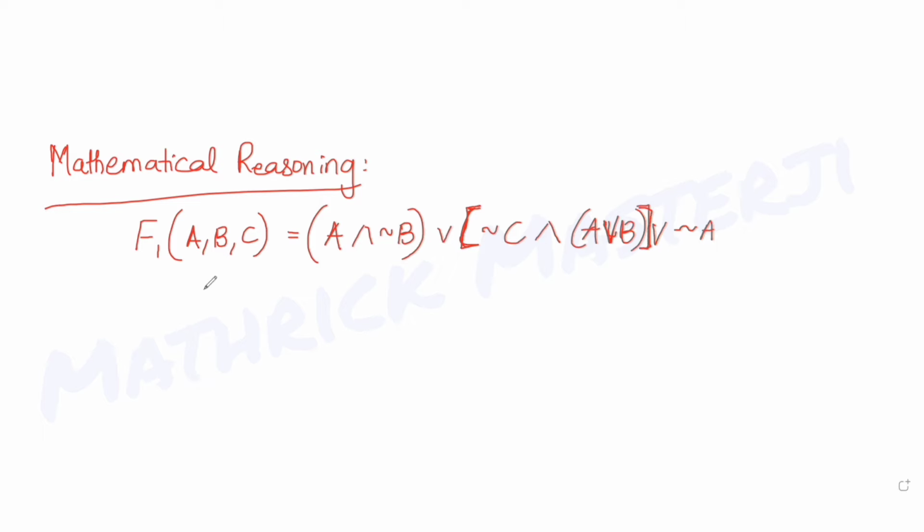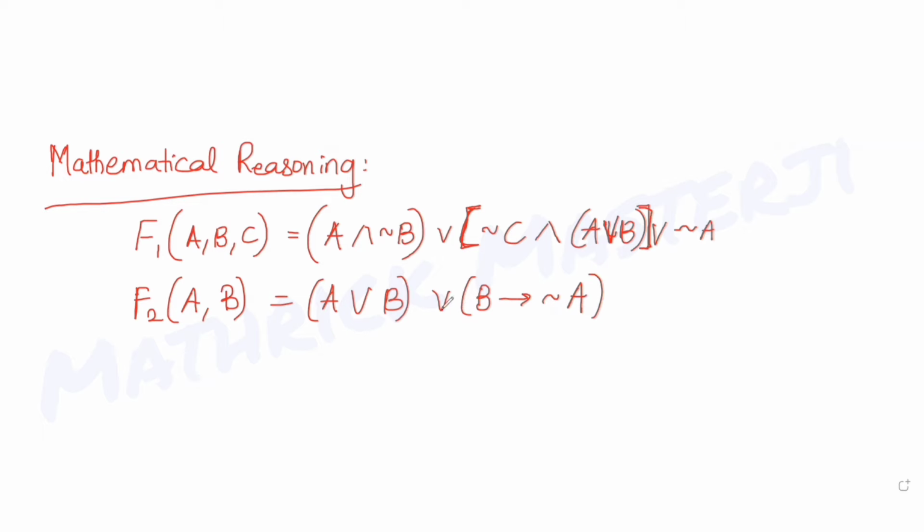So this is the expression F1, and the second statement F2 consists of two statements, A and B only. It is given to us as A cup B cup B implies negation A. Let F1 and F2 be two logical expressions. Then we have to find the truth values of those two statements.